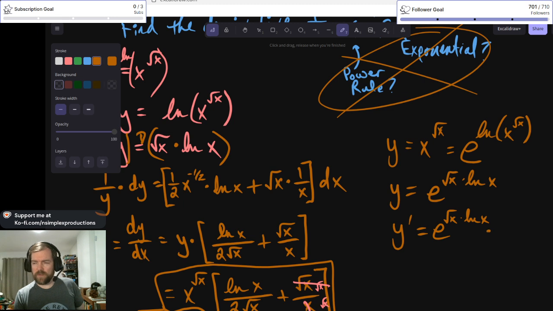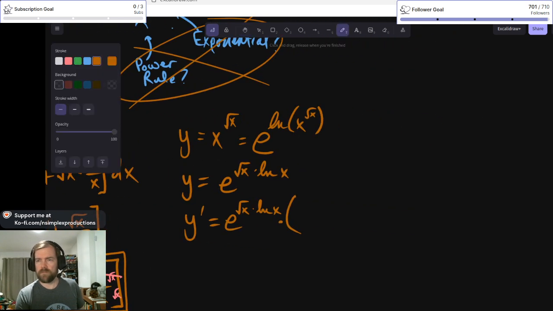But then we have to multiply by the derivative of that exponent. Which again makes it 1/2 x to the negative 1/2 times natural log x plus x to the 1/2 times natural log of x, take its derivative is 1 over x.